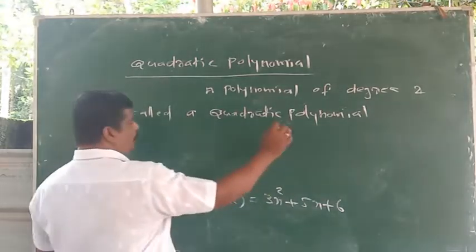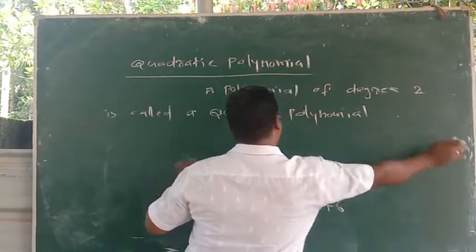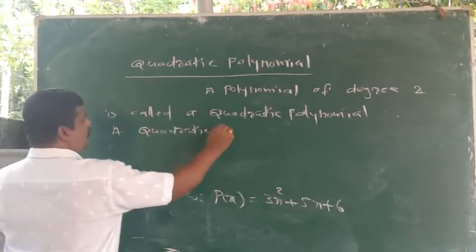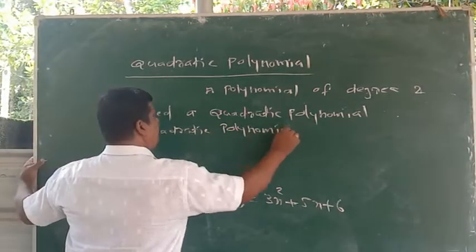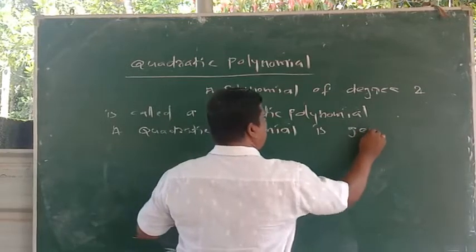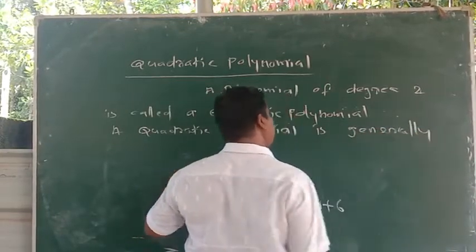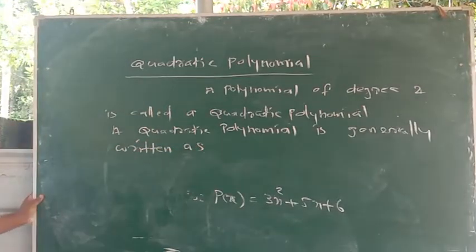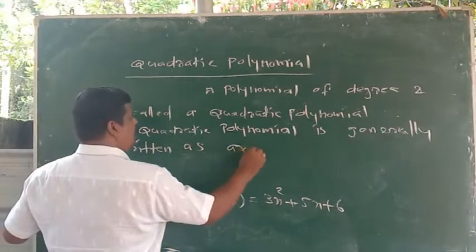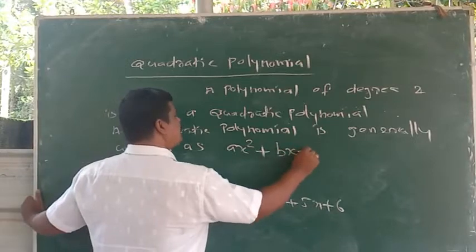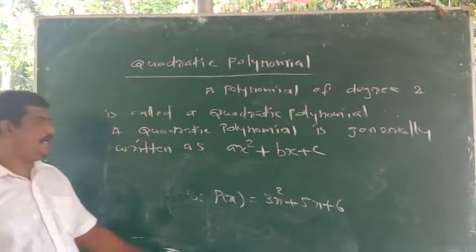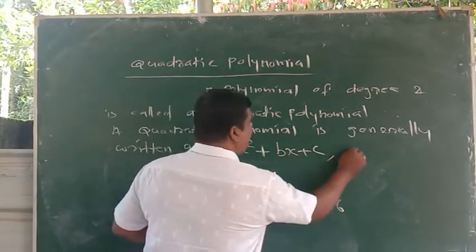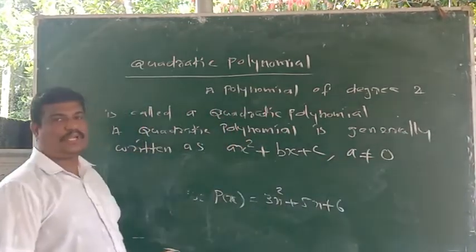A quadratic polynomial is generally written as ax square plus bx plus c, a not equal to 0.